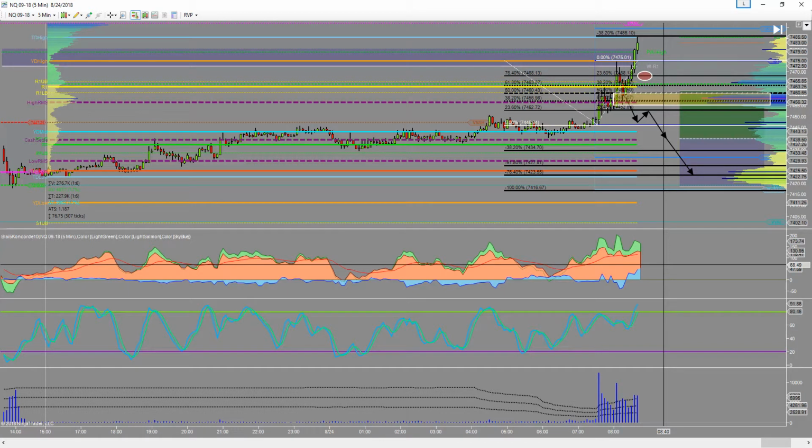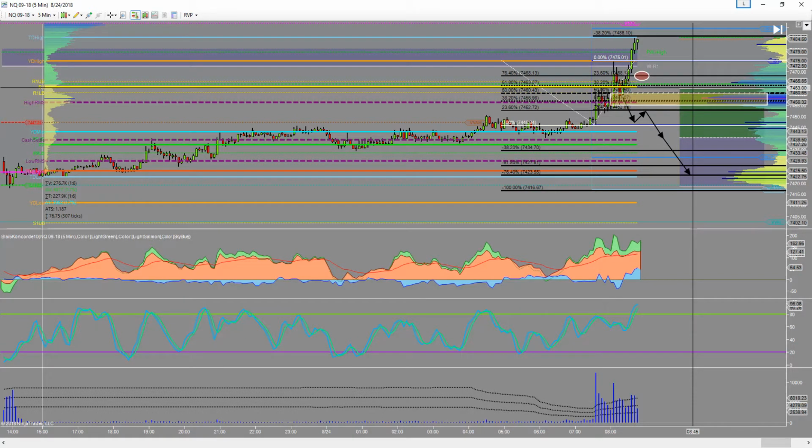And then we test the prior week high. There is a minor retracement there, but volume is strong. It's very similar to the prior candle. That's a good sign. Anyways, we have a wick there.